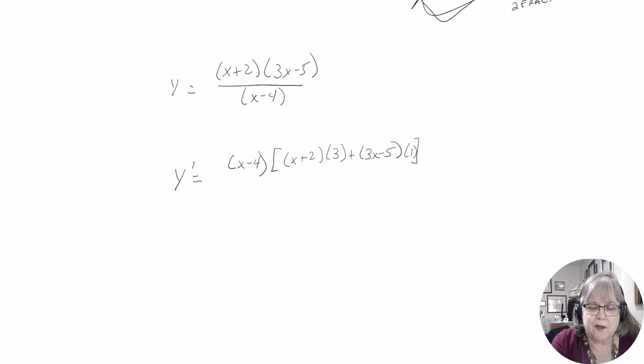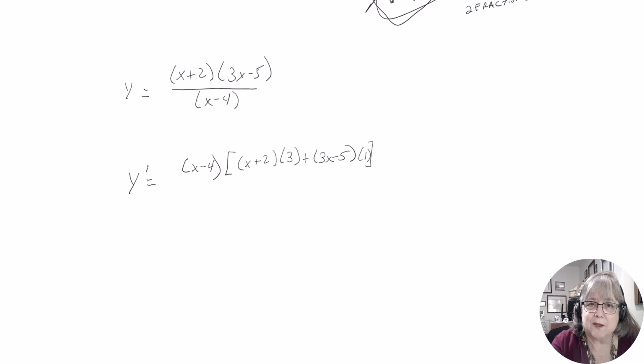Now the danger here is you're not even halfway through the quotient rule. So sometimes people get distracted and forget to complete. So let's see where we're at. So this is the bottom times the derivative of the top. That's all we've got so far.